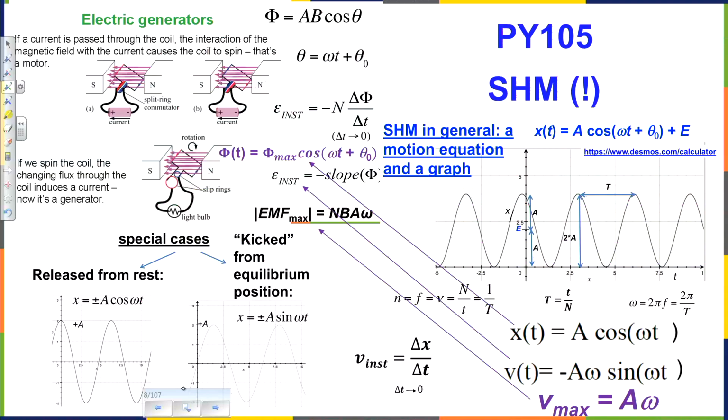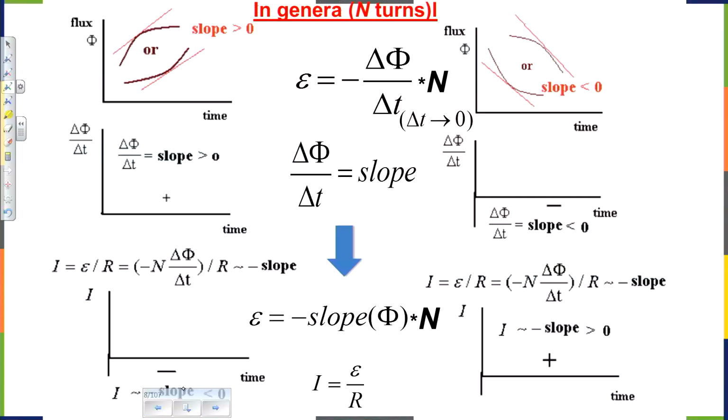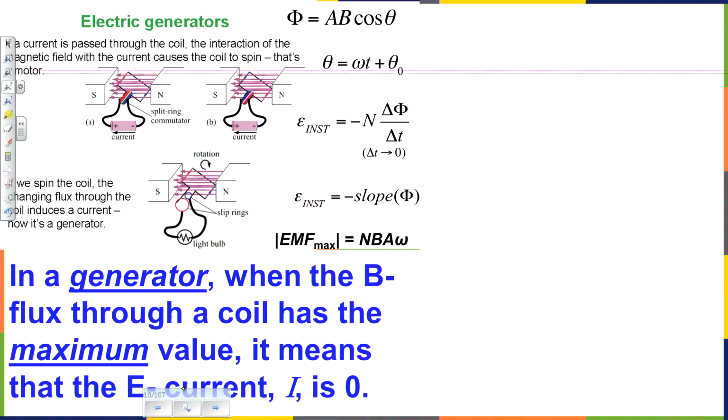And here, we just replace letters, and we get that the maximum peak value of EMF will be equal to, well, we're just adding one more parameter, the number of turns. Again, everything from this slide can be applied to the generators, everything. And that's what we have to do.